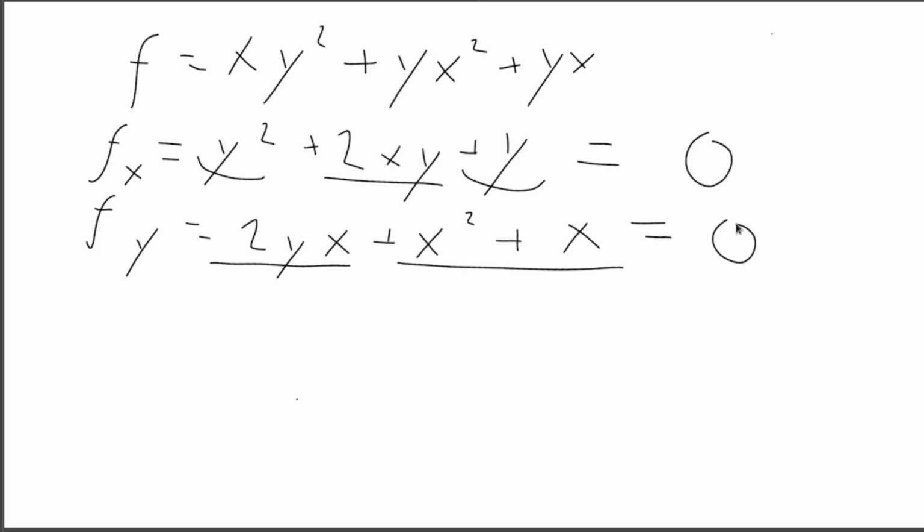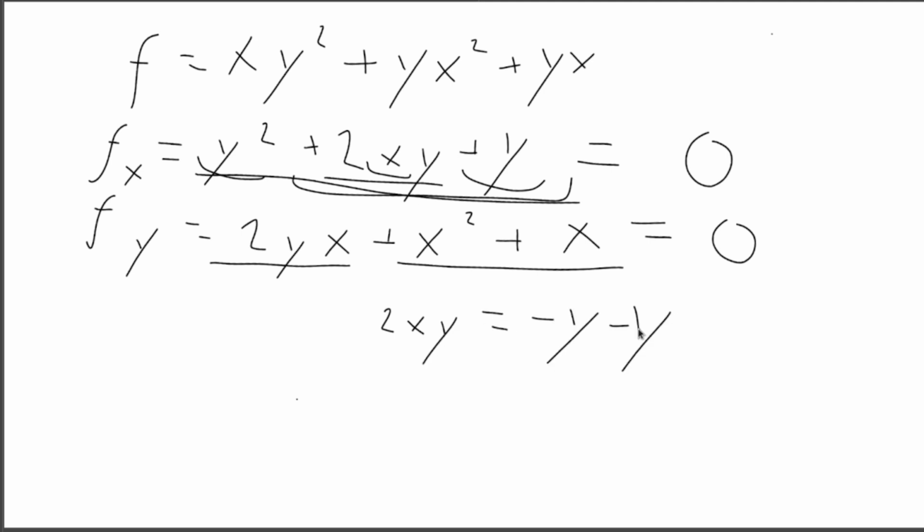So basically, what I could do, and that's how I get it, is this. Let's take one of the equations. Everything is y except one instance of x, so I'll solve for x from the f sub x. So I will have 2xy equals, I will subtract the other two terms, and then divide both sides by 2y to get minus y squared over 2y.